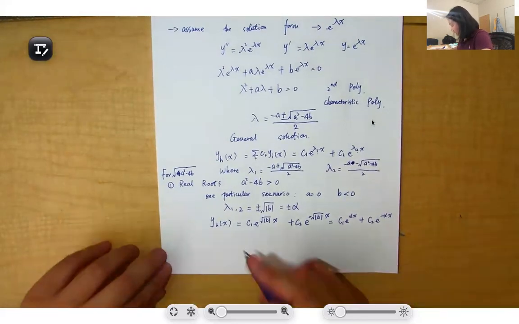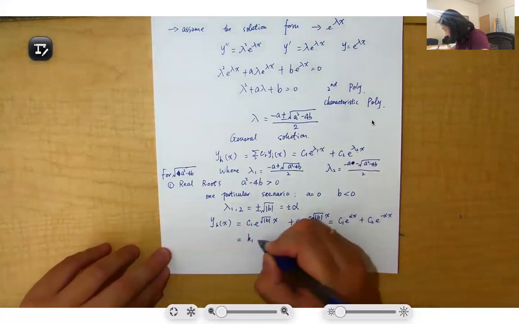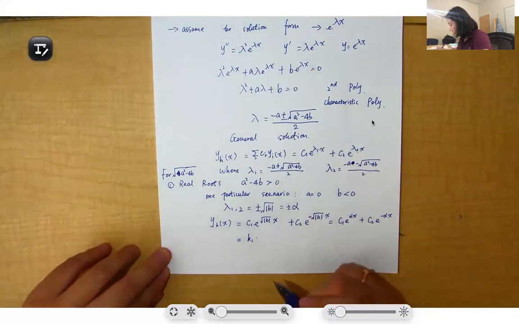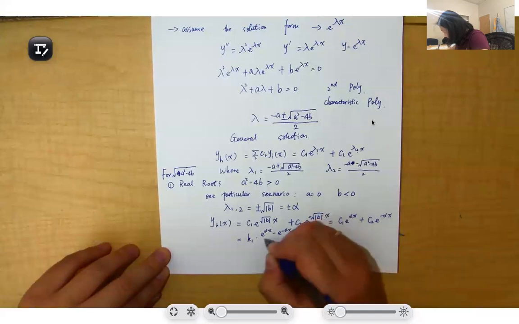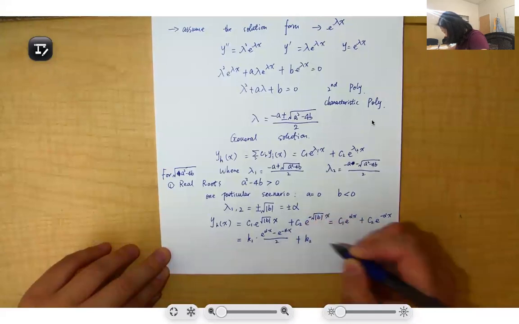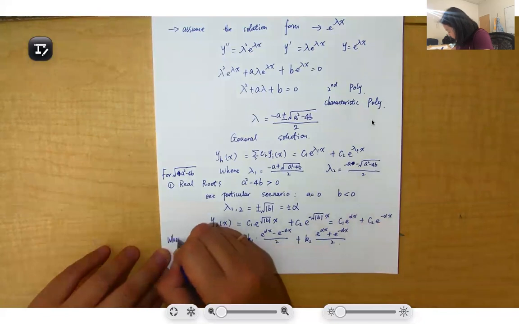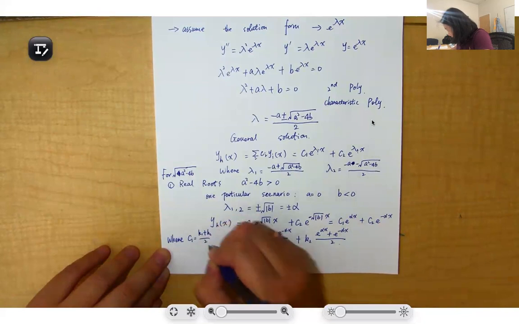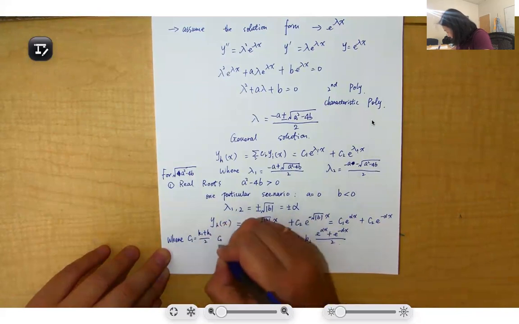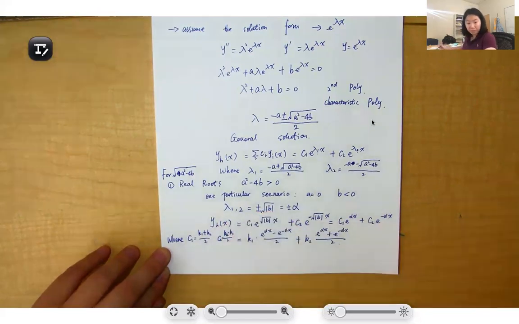It's also equal to k1 times e to the lambda x minus e to the minus lambda x, divided by 2, plus k2 times e to the lambda x plus e to the minus lambda x, divided by 2, where c1 is equal to (k1 plus k2) divided by 2, and c2 is equal to (k2 minus k1) divided by 2.